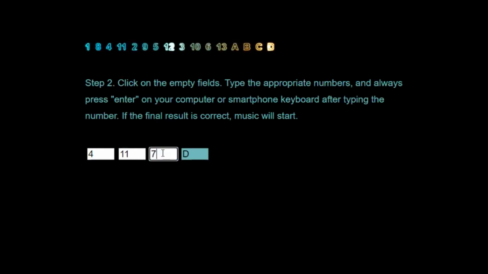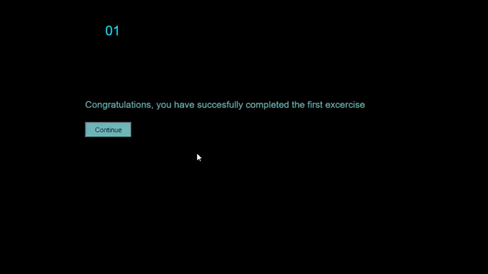Okay, there will be a 7, and the last one is 14. Okay, congratulations, you have successfully completed the first exercise. Now you can continue and you can create your first musical sequence. So it was just a warm-up task.